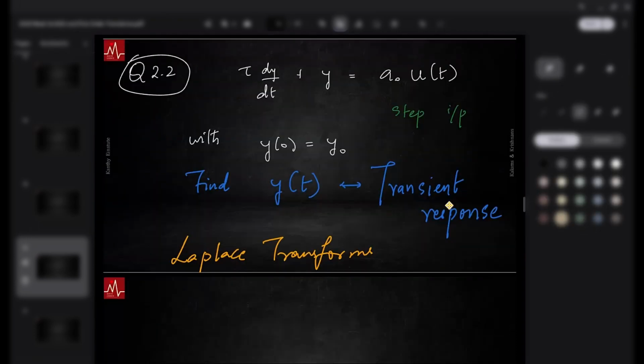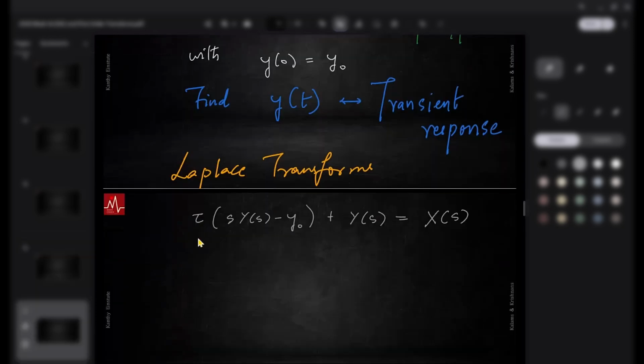Okay, if I take Laplace transforms on both sides, I get tau into s y of s minus y naught. That is a Laplace transform of dy by dt. Y of s equals. Let me substitute this in a moment. Okay, so your y of s, this gets multiplied by tau s plus 1 equals x of s plus tau y naught.